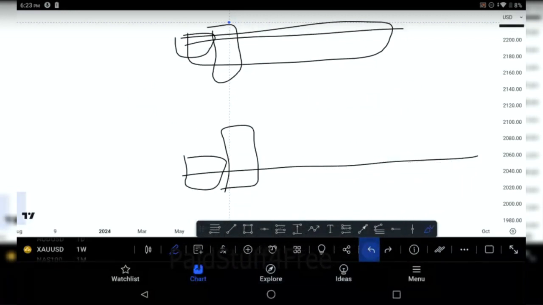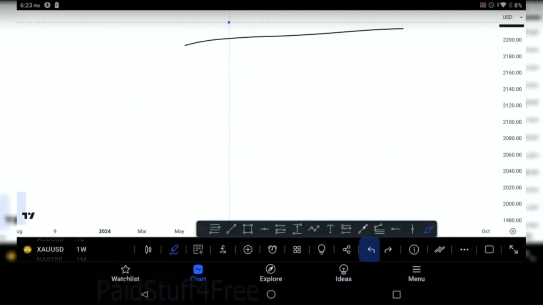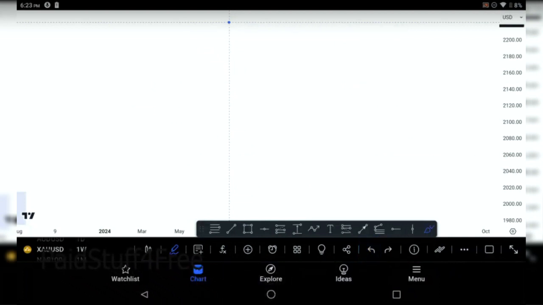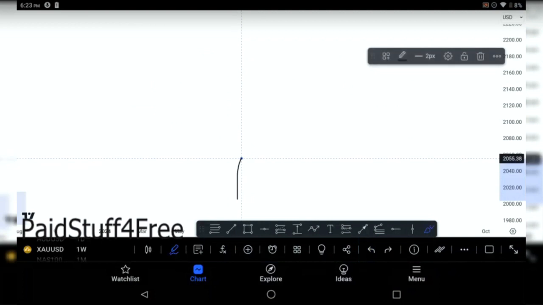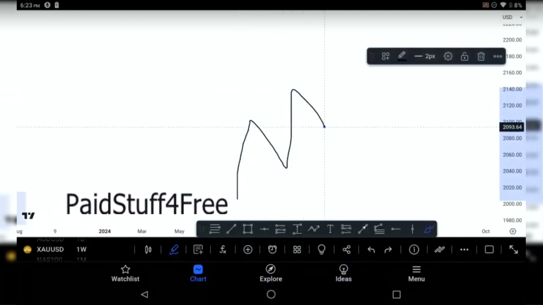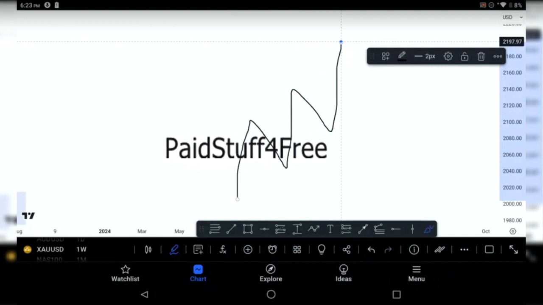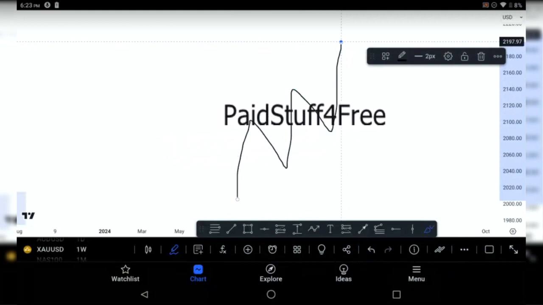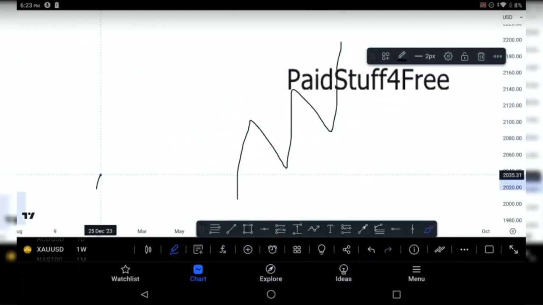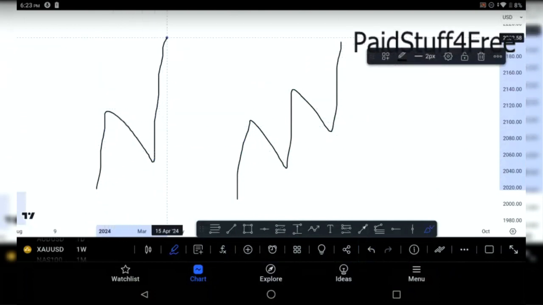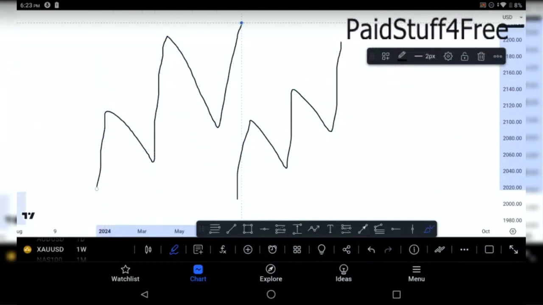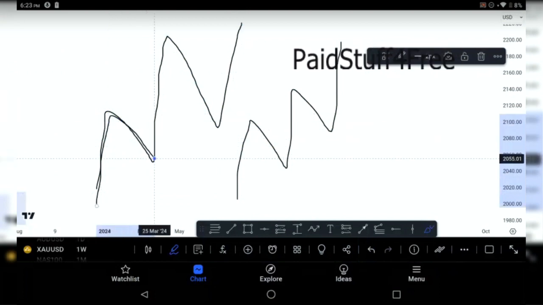So now let me explain another concept to you guys. Your weekly might be bullish, might be buying. But if you go down to your daily time frame, daily might be selling. Why? Because if you look at this explanation, this is weekly buy. Now, this is how weekly is.